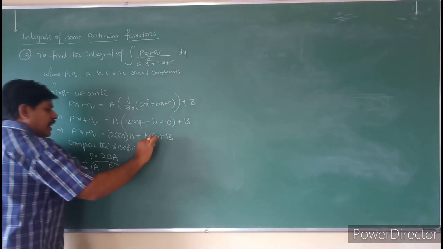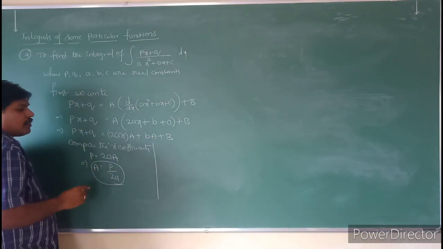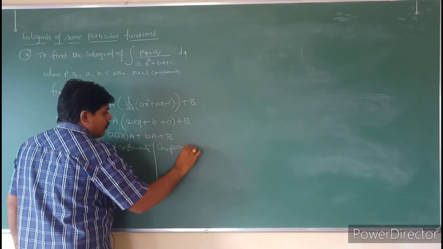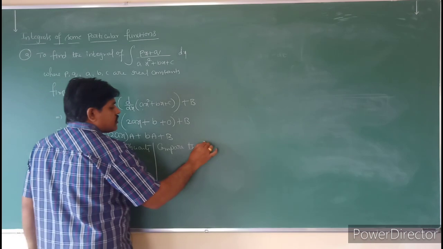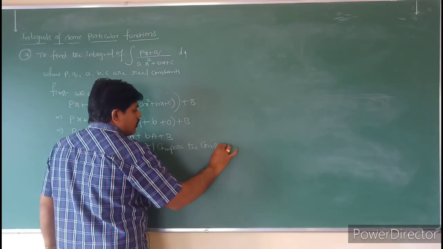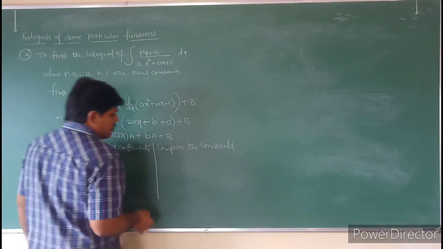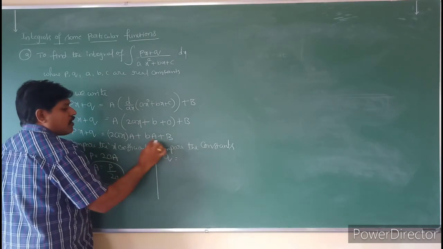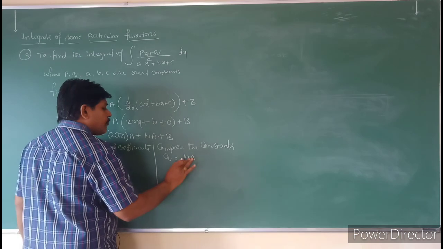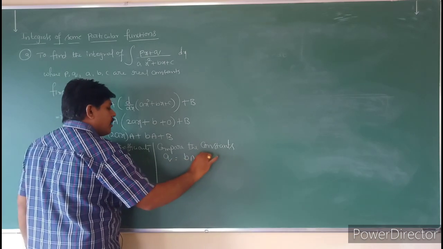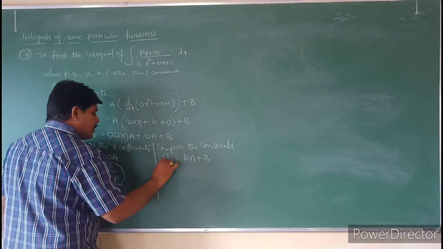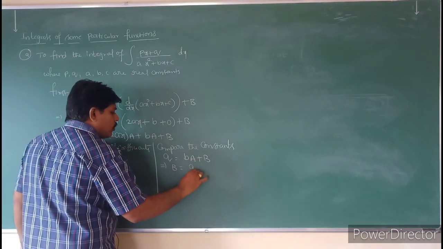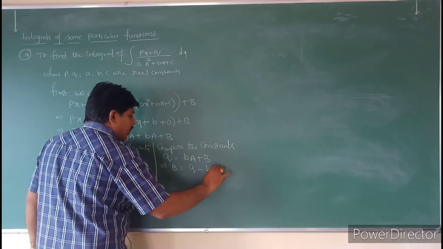Similarly, I will compare the constants also. What are the constants here? Constant value is q. On this side the constant is ba plus b. I need the b value. So that implies b is equal to q minus ba.